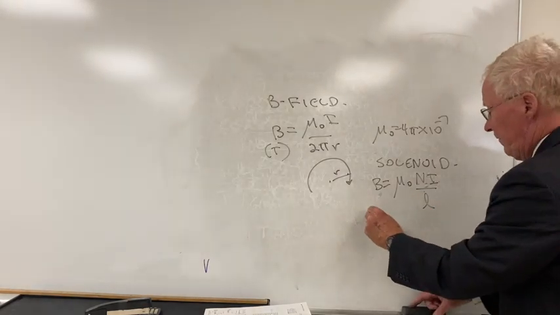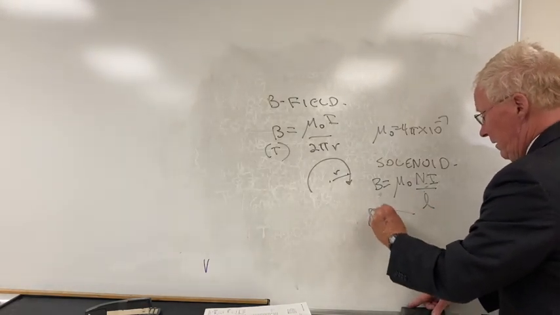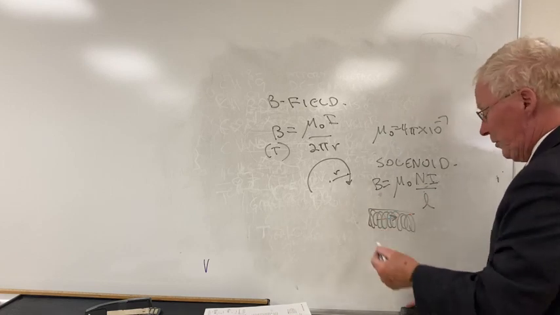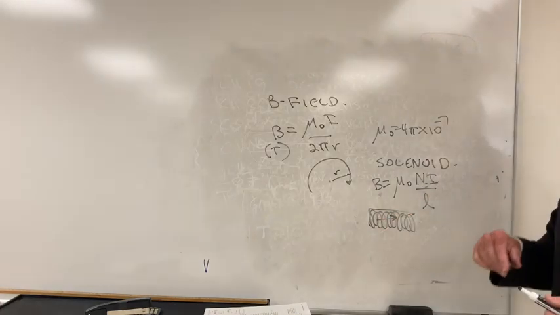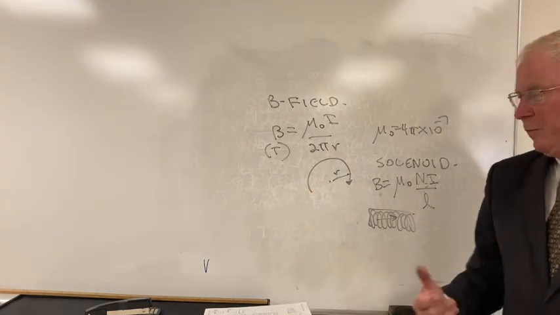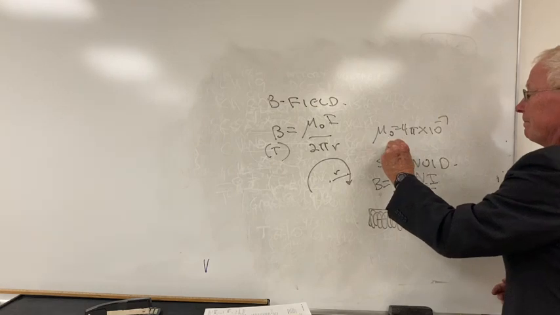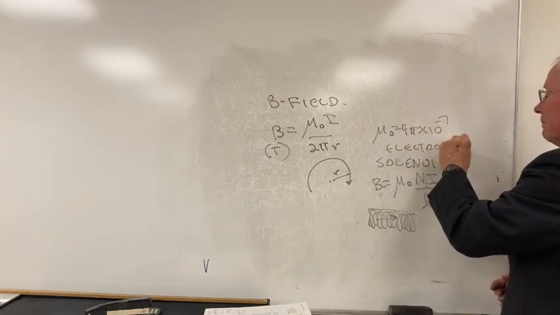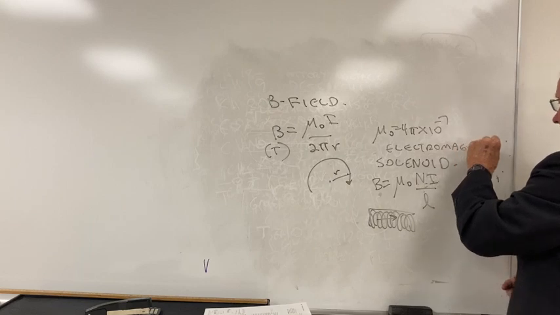And again, this is the field inside the solenoid. So this is a magnetic field which goes like this, as far as that's concerned. And this is what we call an electromagnet.